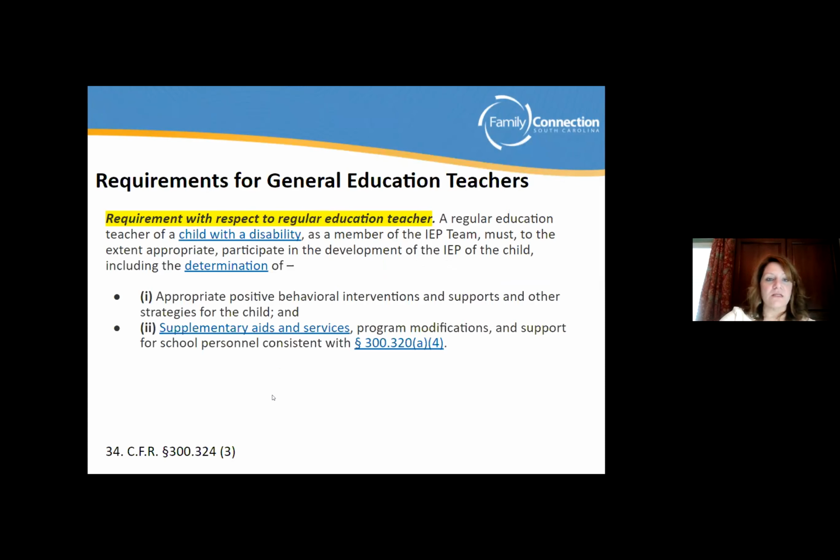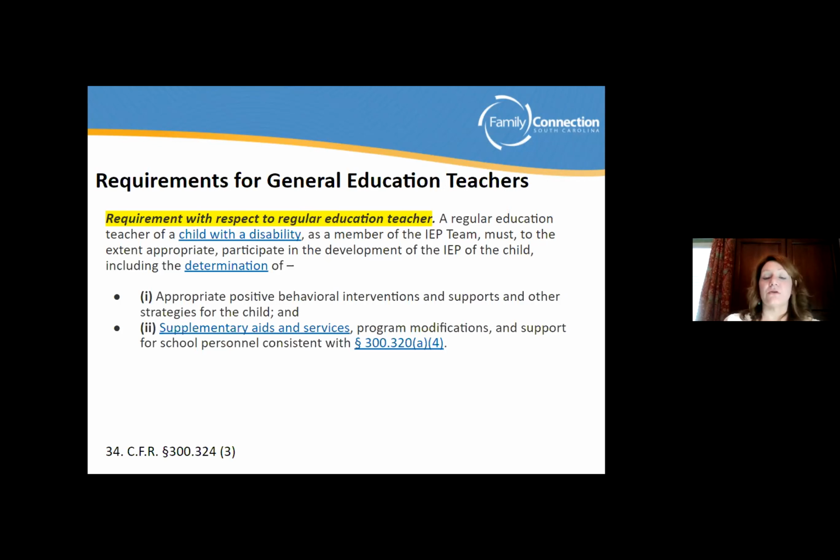So let's talk a little bit about requirements for general education teachers in the code. The requirement with respect to these teachers is that they're using appropriate positive behavioral interventions and supports and other strategies, as well as those supplementary aids and services. So when an IEP addresses accommodations, it should specify the settings in which those accommodations are expected to be used.